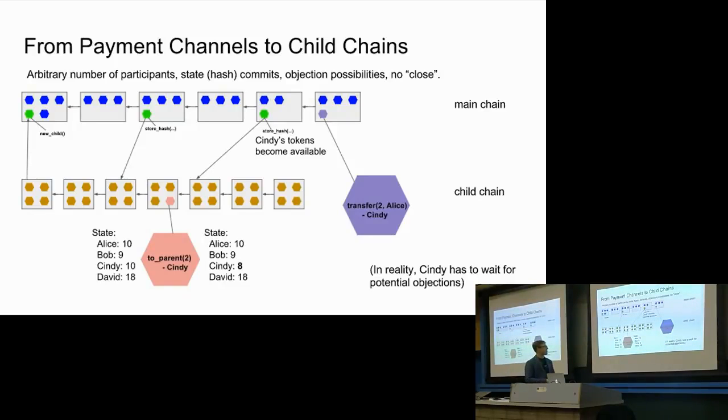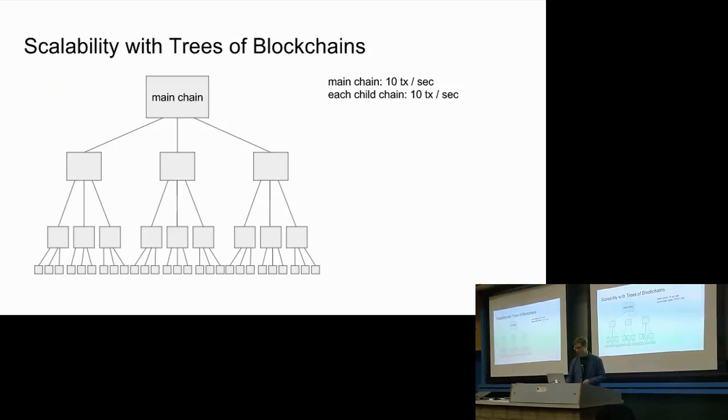But so the question's already pointed into that direction. How can we increase the number of child chains here? And the way you would do it is you create a tree of blockchains. So in this diagram, there's no component of time. We have a main chain which would continue somewhere here, and then this main chain has 3 child chains.